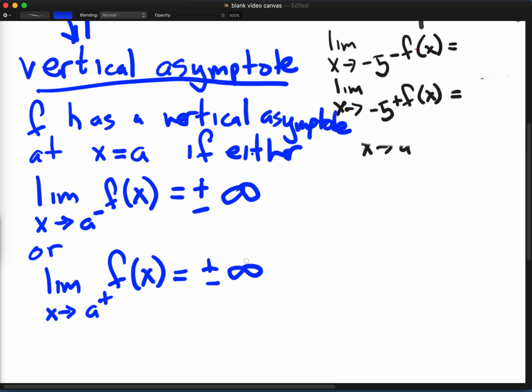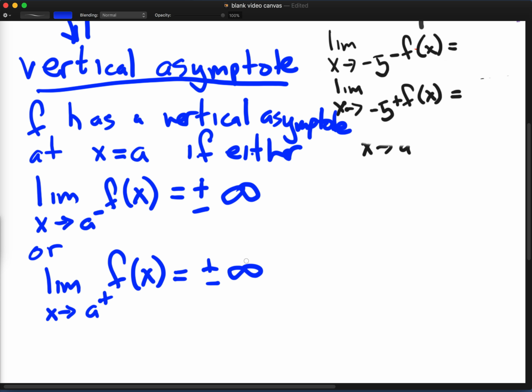So it's a vertical asymptote as long as the limit from one direction goes to infinity or negative infinity. But that says absolutely nothing about the value of the function at that point. It could still be something, right? Because it doesn't preclude it from being some other value.